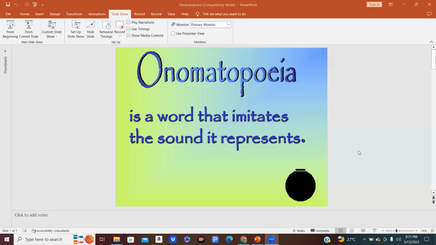So basically, onomatopoeia is when you have words that imitate sound. This is the definition of onomatopoeia: a word that imitates the sound it represents. Can you think of any words that imitate the sound that they represent? By the way, write this down.